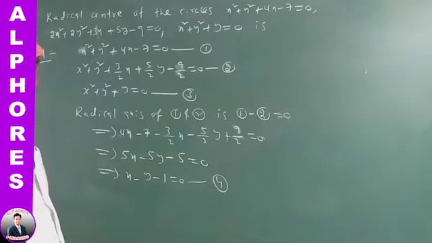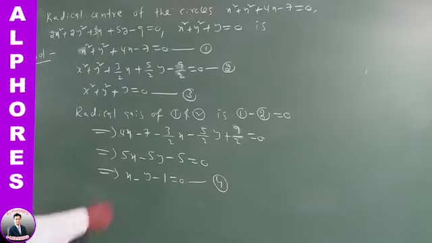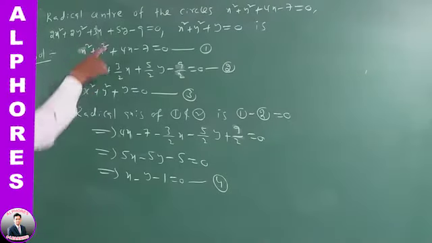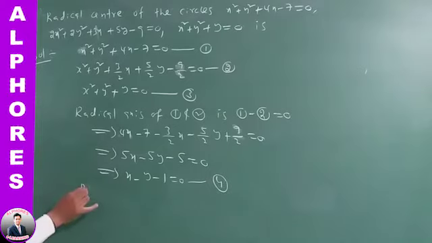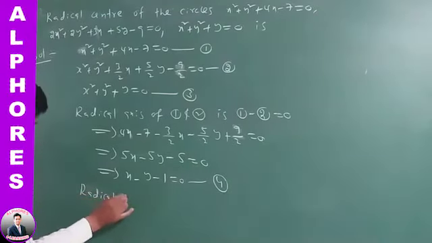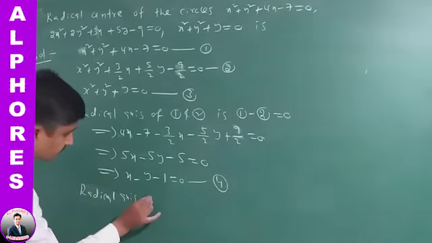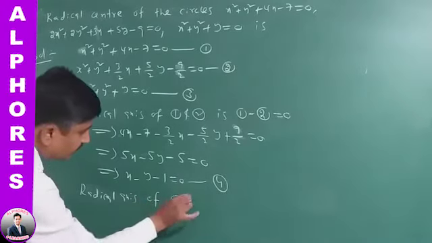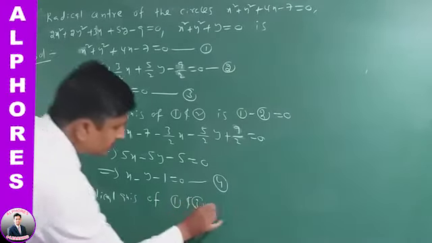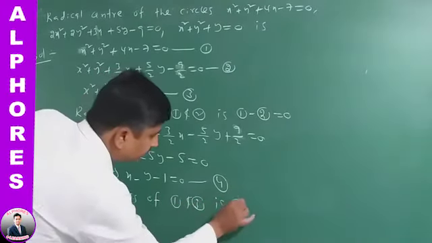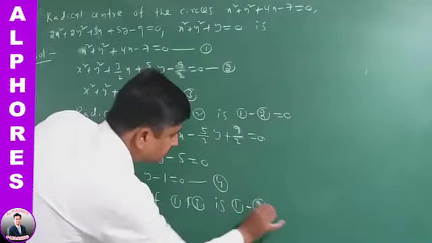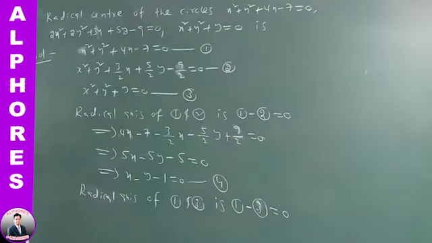Next, find another radical axis equation. Now, the radical axis of 1 and 3 is 1 minus 3 equal to 0, equation 1 minus equation 3.